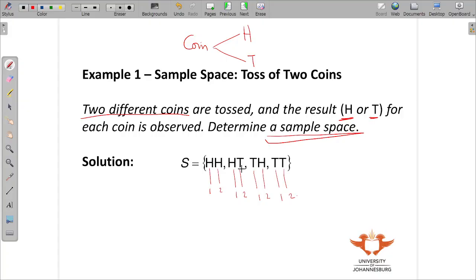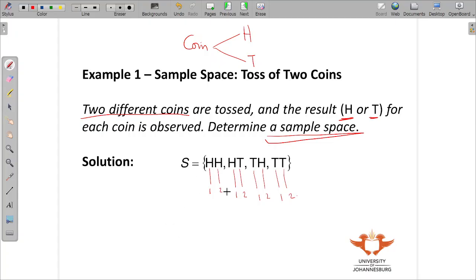First coin a head, second coin a tail. Now we are done with the head for the first one, so we go to the tail of the first one. Tail first, then head second. Tail first, tail second. We are just finding the possible options, the possible outcomes. In tossing two coins, these are the possible outcomes that could happen. Someone may start with a head first before the other one.